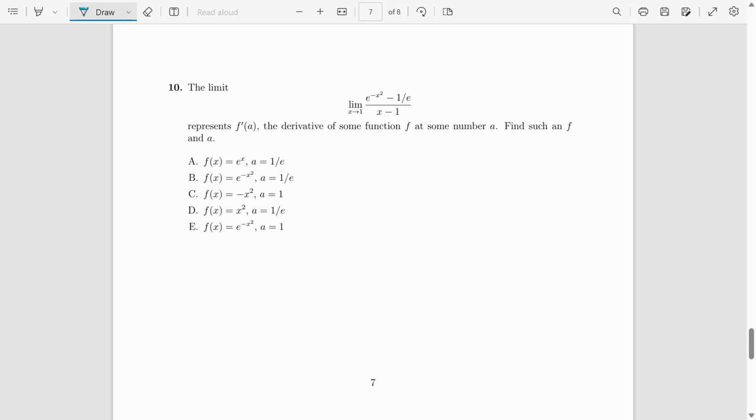All right, question 10. This gives you this limit, and it represents f prime of a, which is the derivative of a function f at a certain point a, and it wants you to find the original function and a.